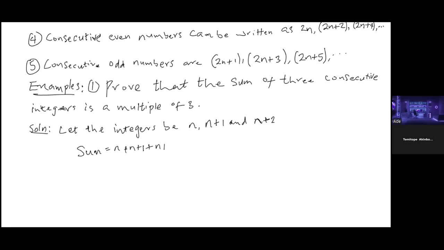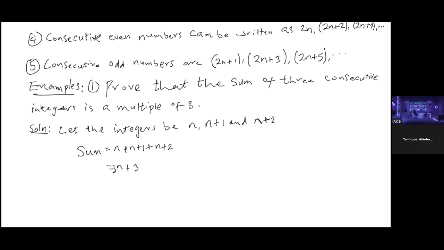So that will be n plus n plus n, 3n, then 1 plus 2, 3. Now, you will see that 3 is common, so I can factor out 3.